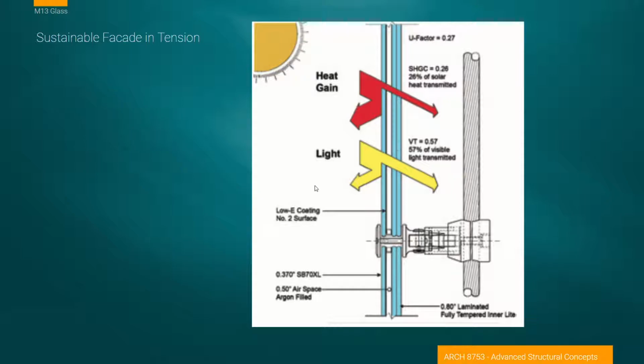So we spend a lot of time creating reflective surfaces like low E coatings. Low E coatings allow for visible light to be transmitted, but are really effective at reflecting radiant heat that you can't see, but is in the infrared region.